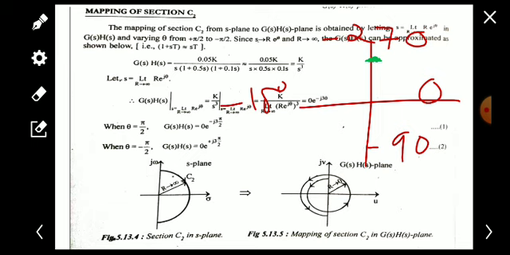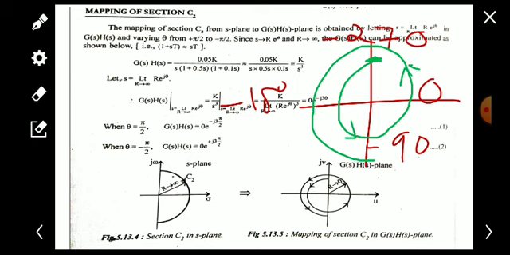So the corresponding marking will be minus 270, then minus 180, then minus 90, 0, then again plus 90, plus 180, plus 270. Okay, this is the direction. So this will be the corresponding contour in G of S into H of S plane.